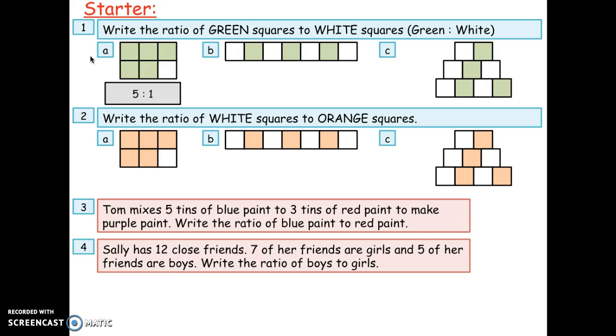Is it 3 to 7? What is it? Is it 4 to 3? Is it 3 to 4? Let's see. 3 to 4. There are 3 green squares and 4 white squares.